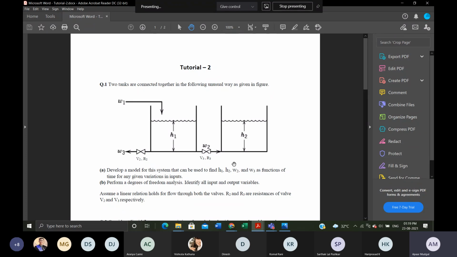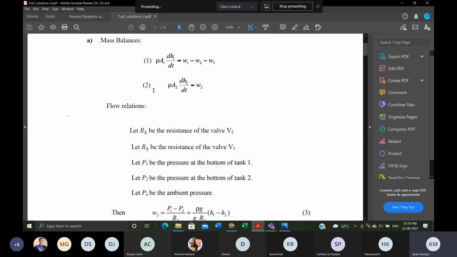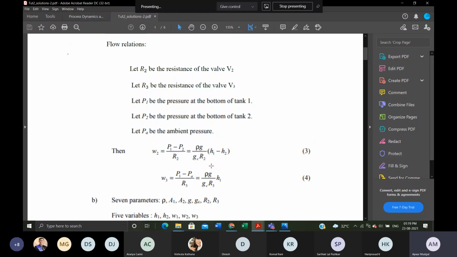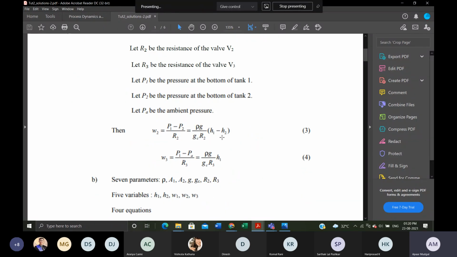P1 minus P2 divided by R3 would be our W2, the flow. H1 and H2 are the terms, written in terms of time. Similarly for W3. So we get these four equations through conservation of mass.